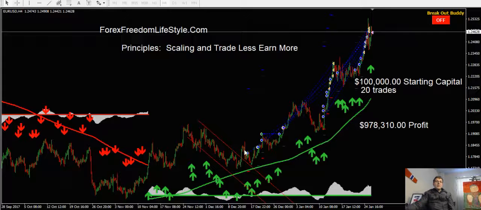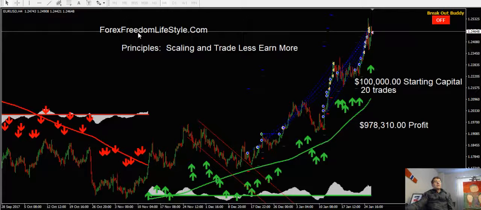Now remember, on these trades we scaled in. As we scale in, we don't take on a bunch more risk. What happens is we're taking advantage of the profits already built in, and we're trading that trend. Now, could we just simply have put on one trade? No, because we didn't have the capital. So we did the smart thing and scaled in. As we made profits, we kept adding and adding and adding. That's the way we teach.